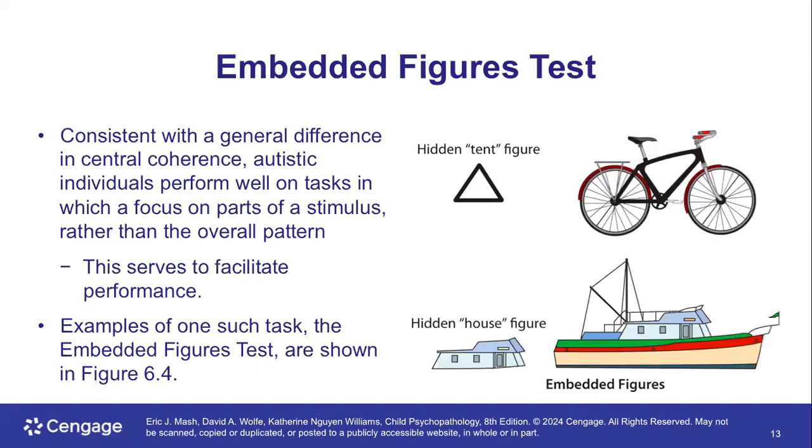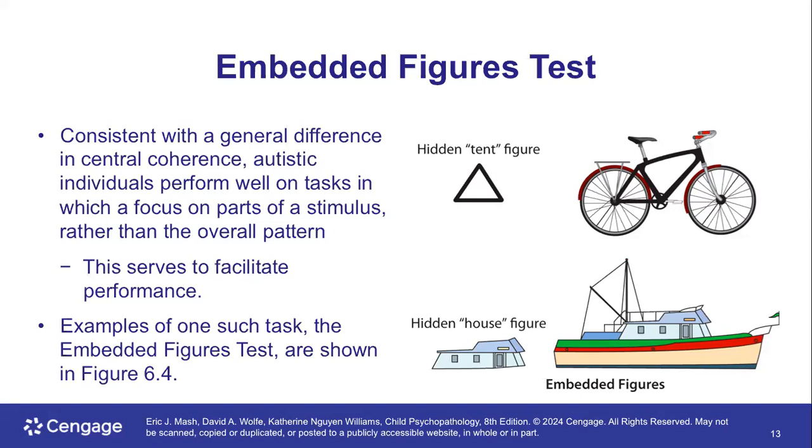So here's an example of that, where if I were to ask you what the pictures are, the top picture, it's very easy to say, oh, that's a bike. And then on the bottom picture, it's a boat. Well, it's easy for us to see that global image, but an individual on the autism spectrum might focus on the hidden tent on the bike, which if you look at the back wheel, there's a triangle.